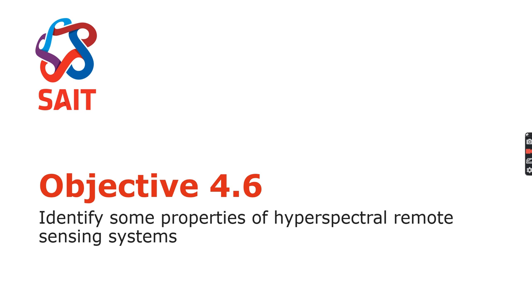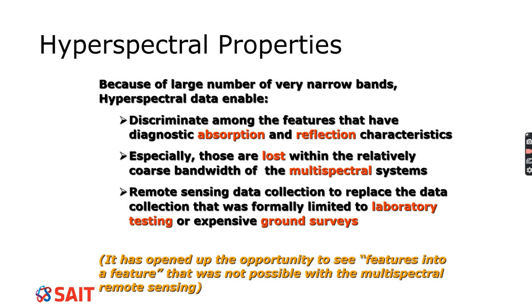That moves us into objective 4.6, which is identifying some properties of hyperspectral remote sensing systems. Some of the hyperspectral properties are that it allows us to discriminate features that have absorption and reflection characteristics, and where that happens on the electromagnetic spectrum.